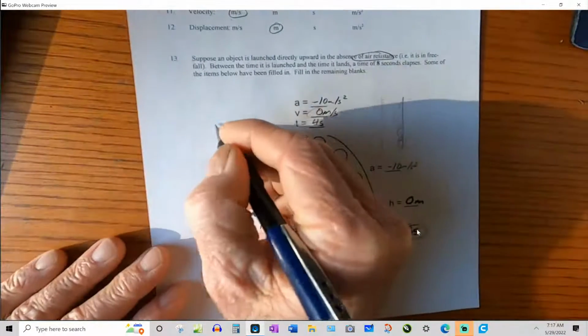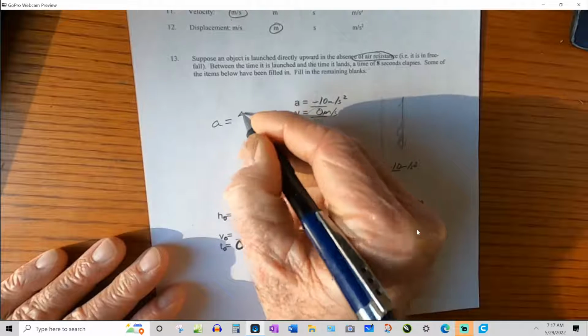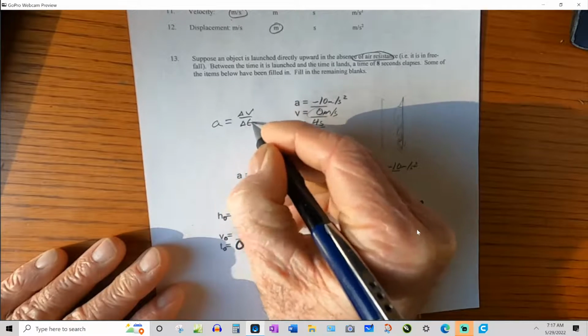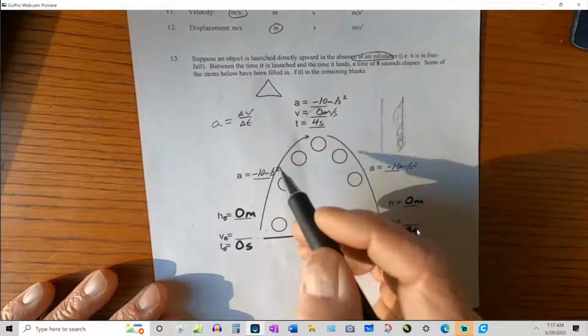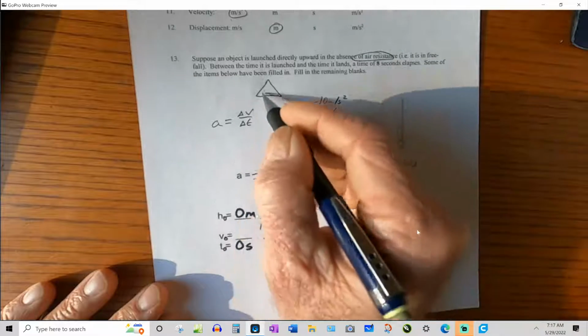You could use the acceleration formula. In fact, let me do that. Acceleration equals change in velocity over change in time. You've had enough experience with this. You ought to be able to put it in the triangle and then solve for change in velocity.